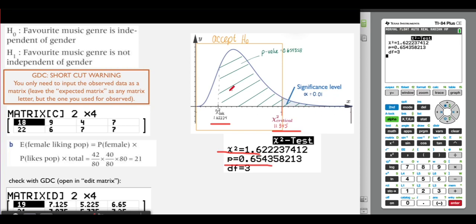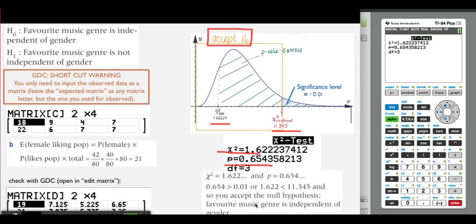In fact, 0.654 is way bigger than the significance level. Therefore, this is also an accept the null hypothesis situation. So since we are accepting the null hypothesis, we are accepting that the favorite music genre is independent of gender.